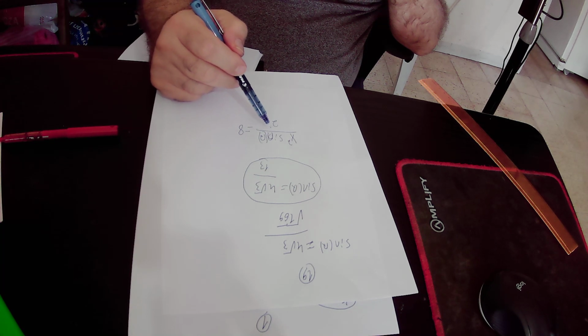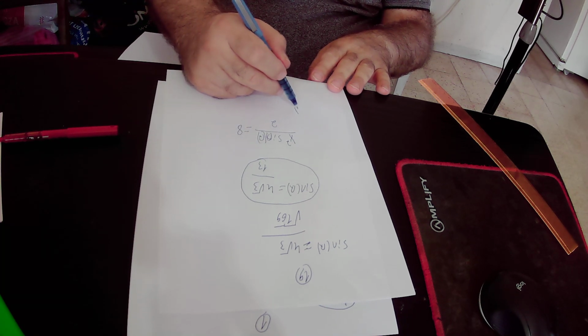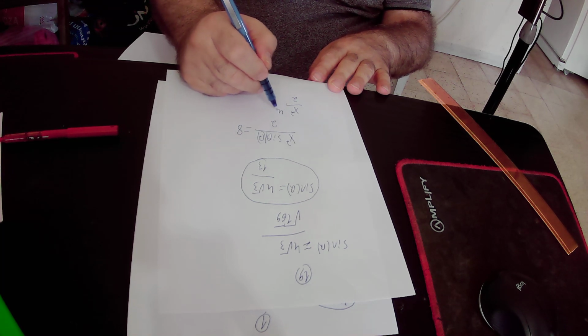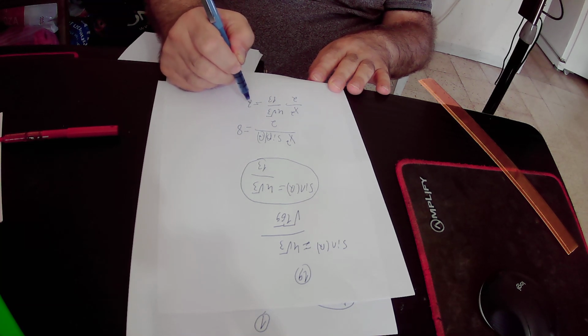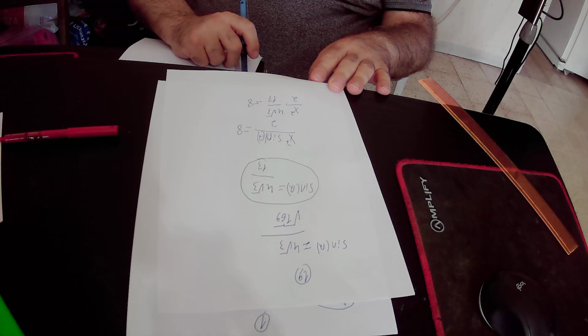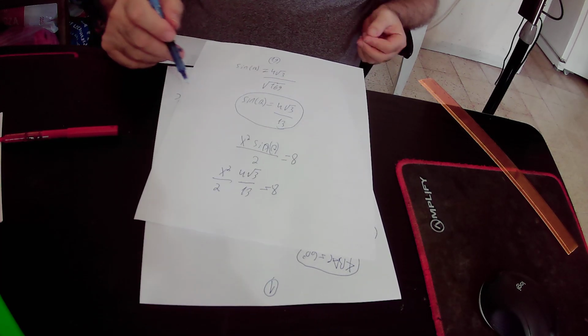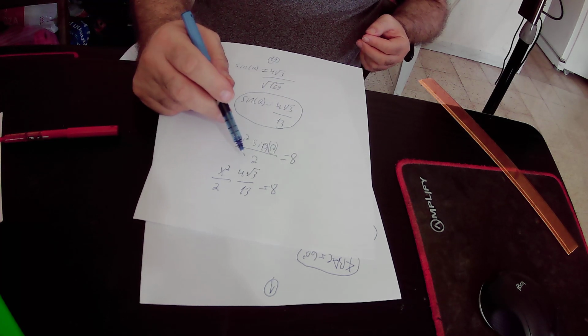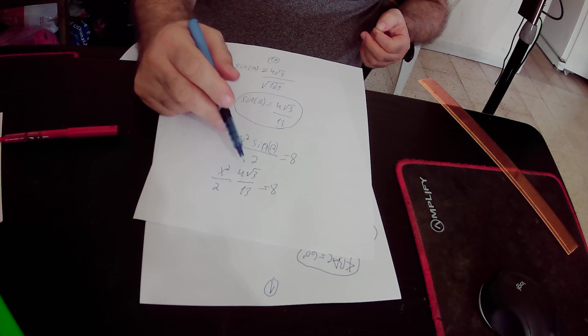So we can substitute sine q in this equality by 4 times root 3 over 13. We get x squared over 2 times 4 times root 3 over 13 equals 8.